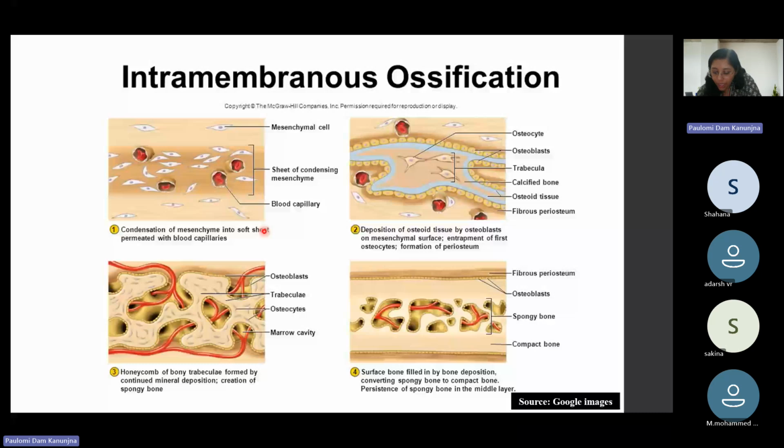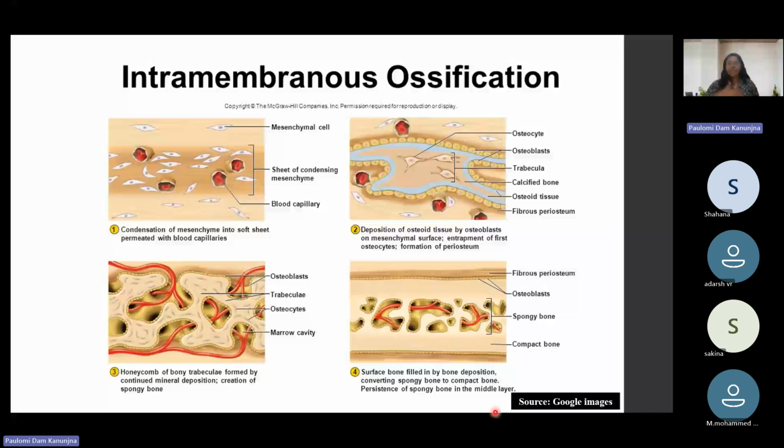And then you have the differentiation of these cells into osteoblasts. Osteoblasts are what secrete the matrix. So your mesenchymal cells will first condense, and then the osteoblasts come and sit on the mesenchymal surface. Once that happens, it secretes matrix, there will be innervation of blood vessels, and overall there will be formation of spongy and then compact bone.